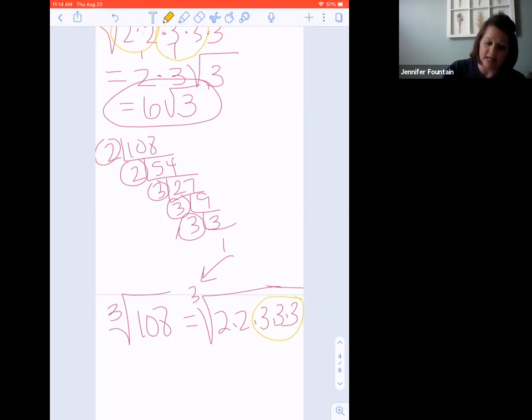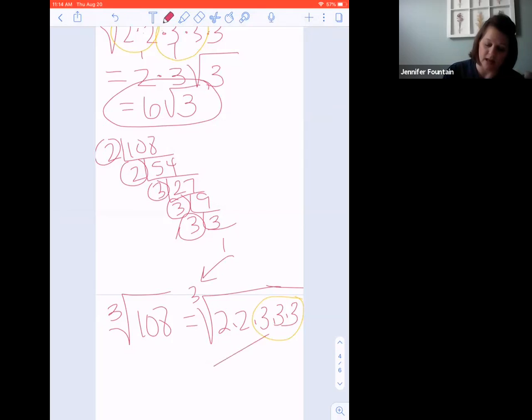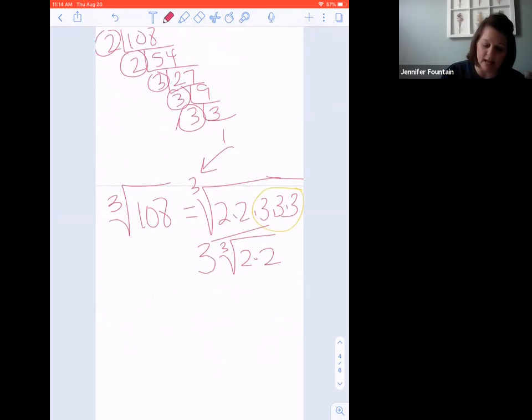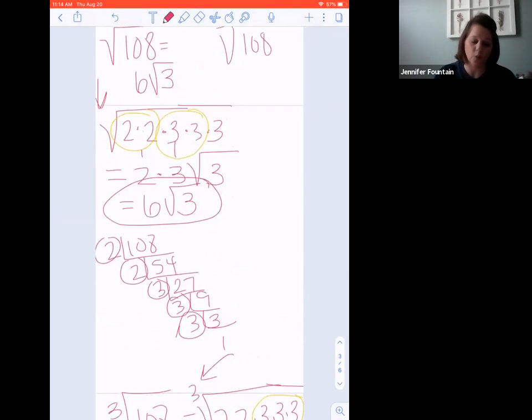So those 3s are going to come out as a whole number 3. But under my radical are those 2 2s. I didn't have another 2 to go with them. So this time I'm going to have 3 times the cubed root of 4. I multiply those 2's back together and I've got 3 times the cubed root of 4.